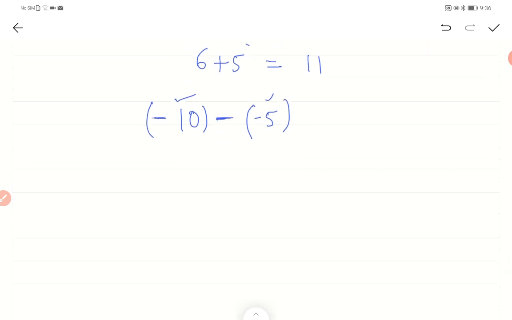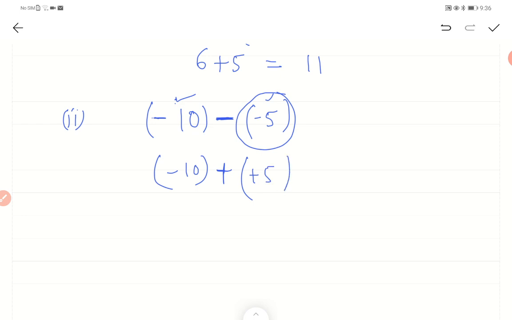To make it very easy, I will do one step to convert this negative into positive. My first number will be as it is, minus 10. Then I will take addition here, and I will take the additive inverse of this number. Minus 5 will become plus 5.